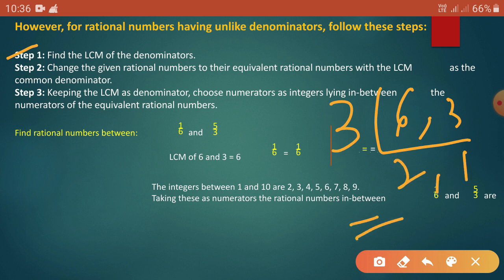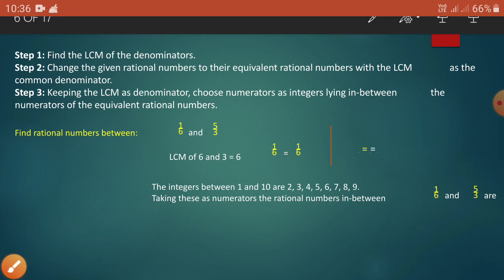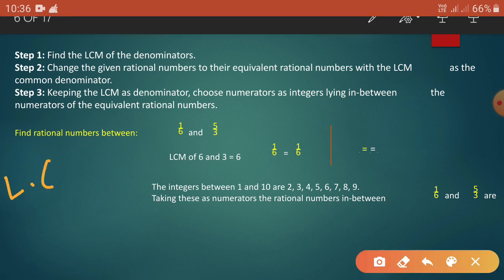So the LCM will be 6. Here LCM of 6 and 3 is equal to 6. Got it?